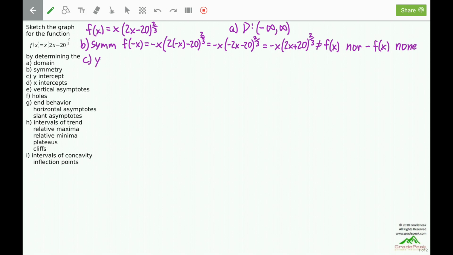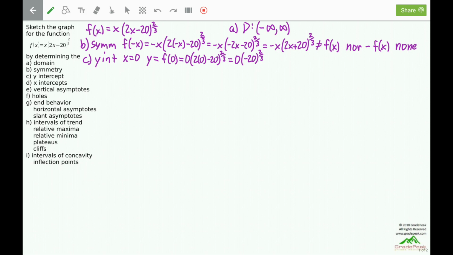For part C, we want to determine the y-intercept. This is the point where the graph crosses the y-axis, defined by x equals 0. We can find the corresponding y-coordinate by plugging the x-coordinate 0 back into the original function, y equals f of 0, which will be 0 times (2 times 0 minus 20) to the 2/3 power, which will give us 0 times 2 times 0 is 0, and then minus 20 is a negative 20 to the 2/3 power.